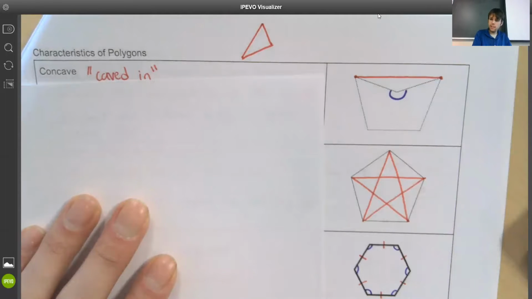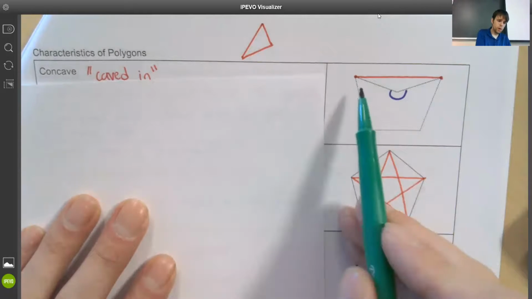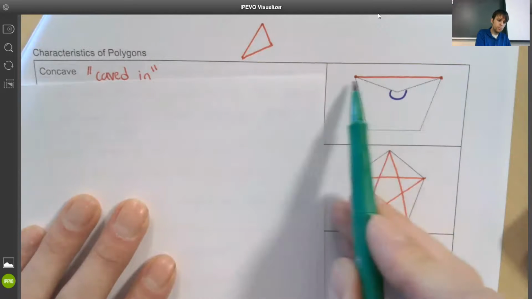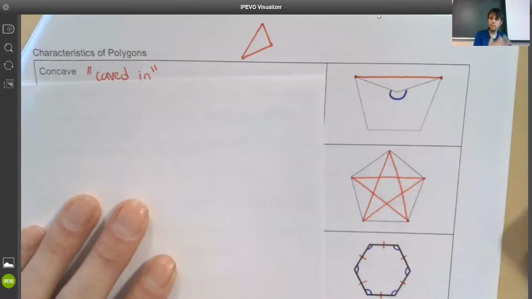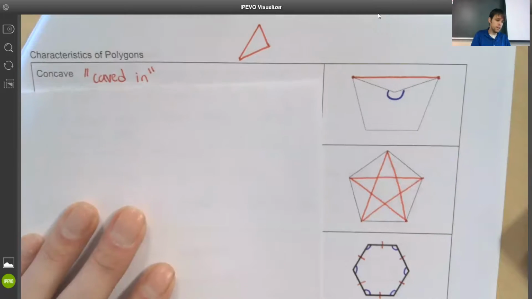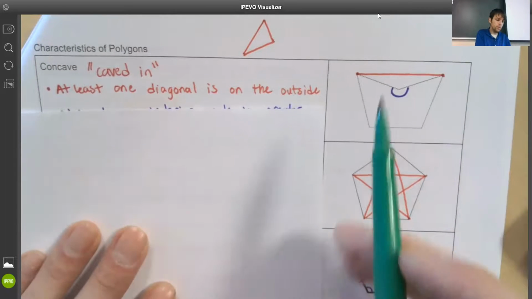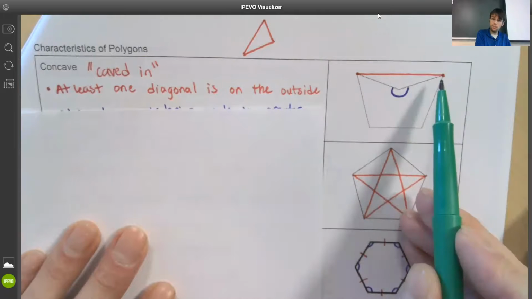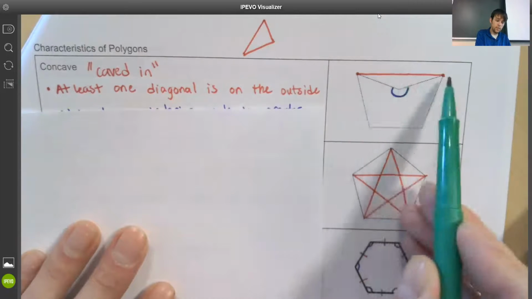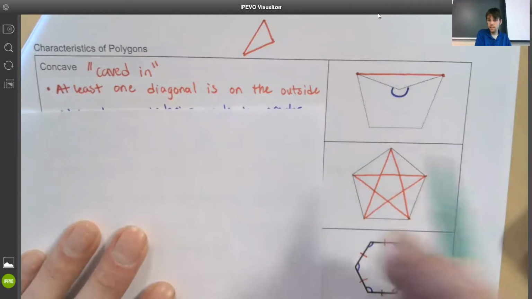To be precise mathematically, we need to think of some characteristics that always apply to concave polygons. And so one of those is that at least one of the diagonals contains some of the exterior of the polygon. So at least one of the diagonals is on the outside. And so you notice here, this diagonal connecting these vertices is actually entirely on the outside.